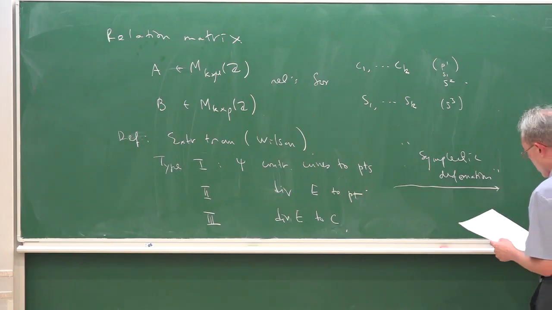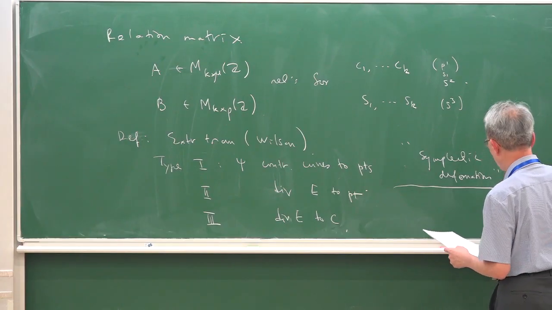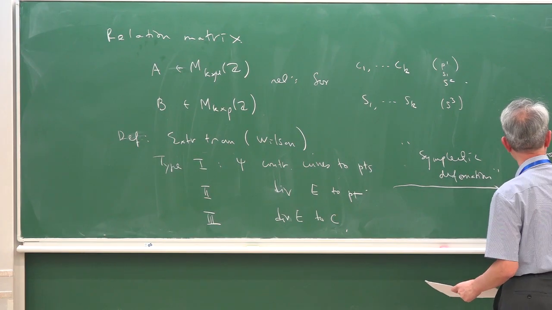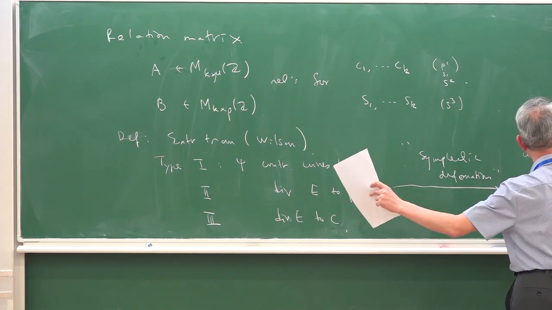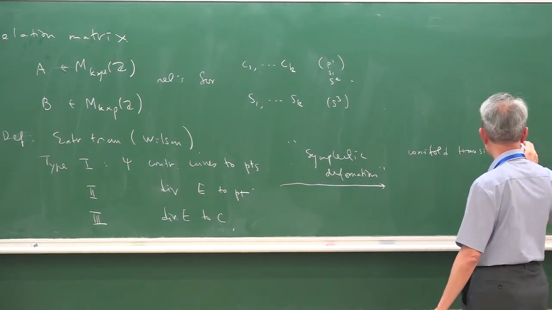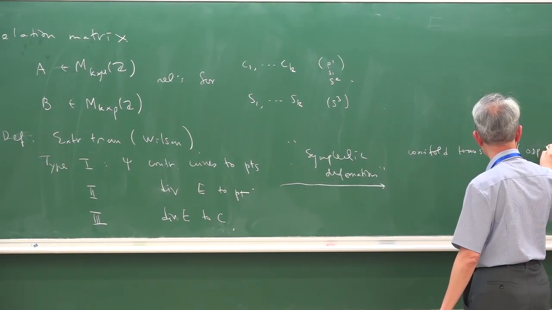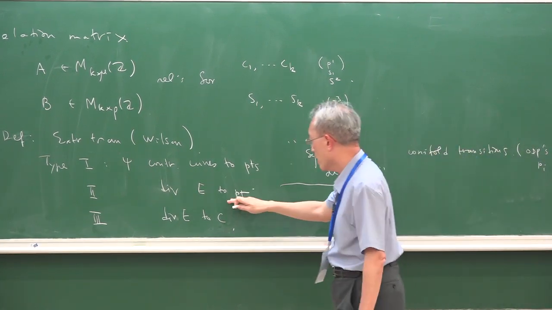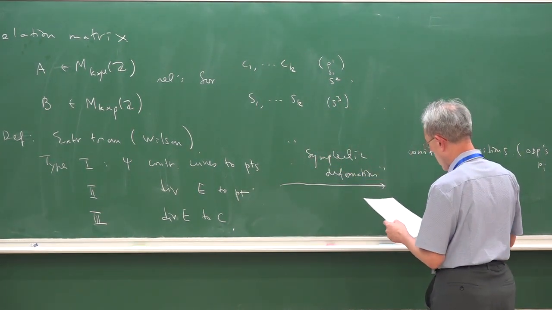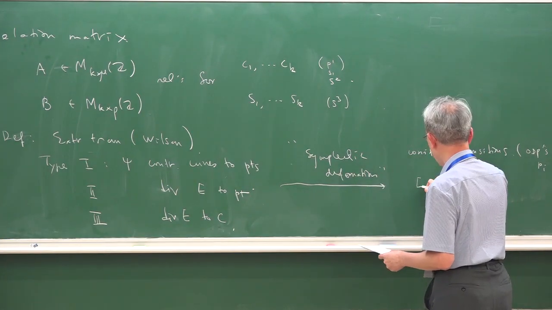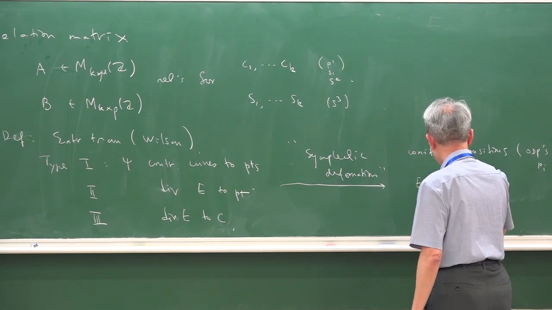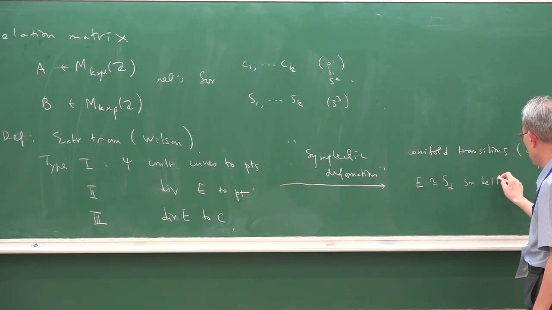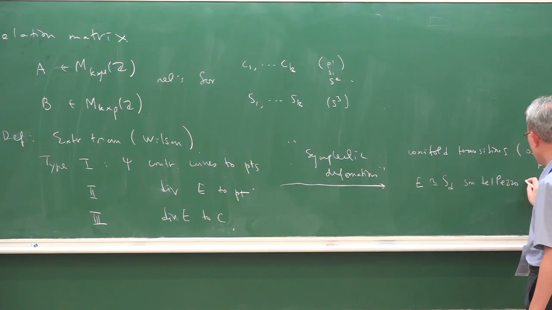And in the first case, you just get the conifold transition, as I just described. So you get ODPs. And for the second case, you will get this E is actually a smooth Del Pezzo surface of degree d.